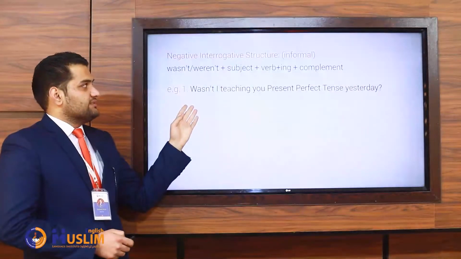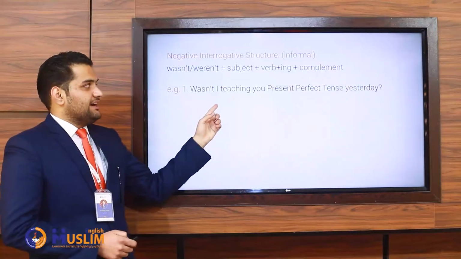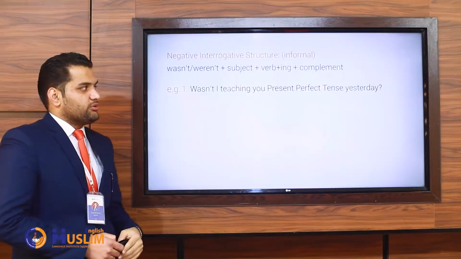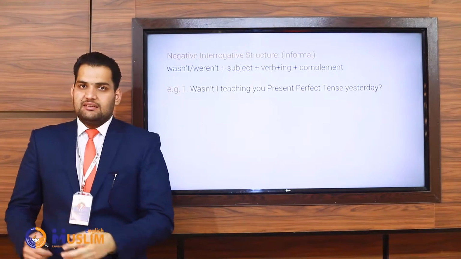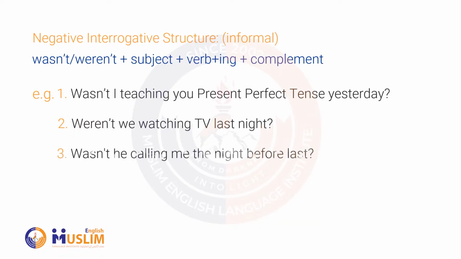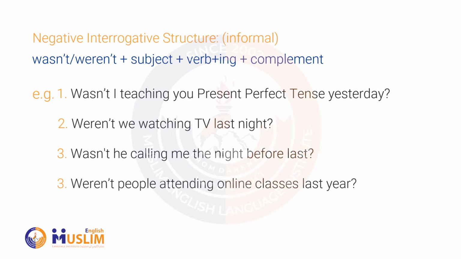So wasn't is the helping verb part, I is the subject, teaching verb ing, and you present perfect tense yesterday is the complement. Weren't we watching TV last night? Wasn't he calling me the night before last? And weren't people attending online classes last year?